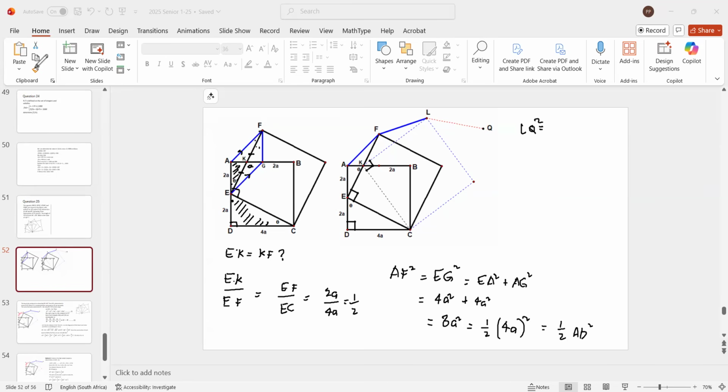All right, so this is where we are. That AF squared is equal to half of AD squared.